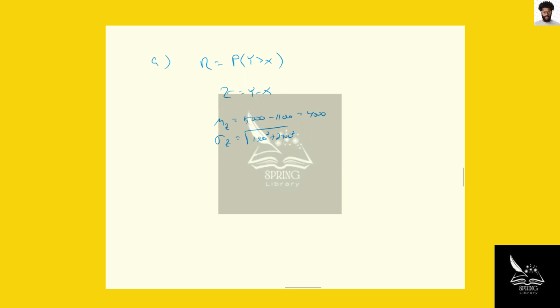And now we want to calculate the standard deviation of Z, which is about 2830.19.